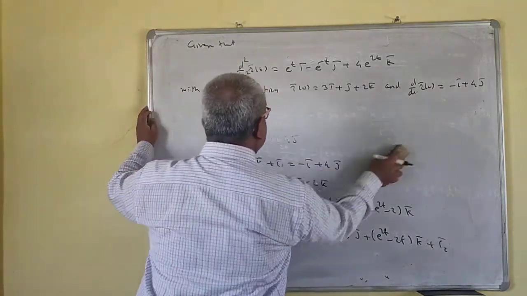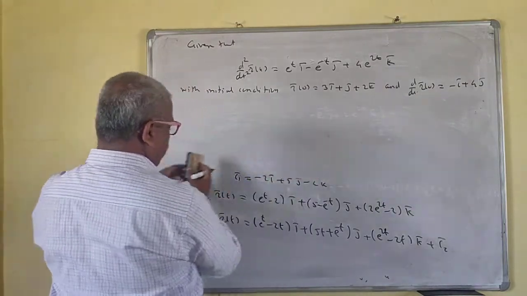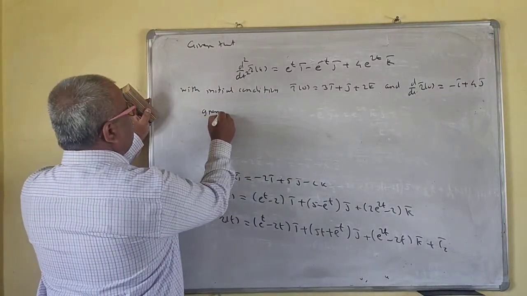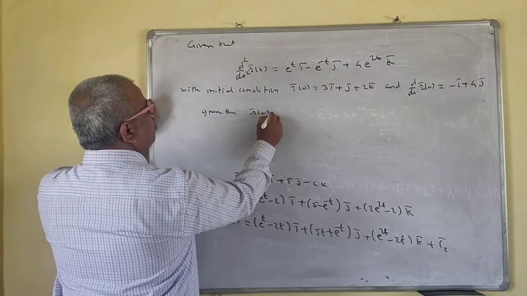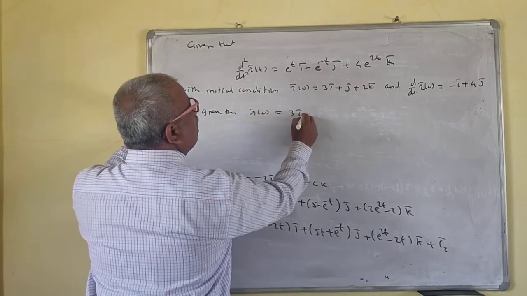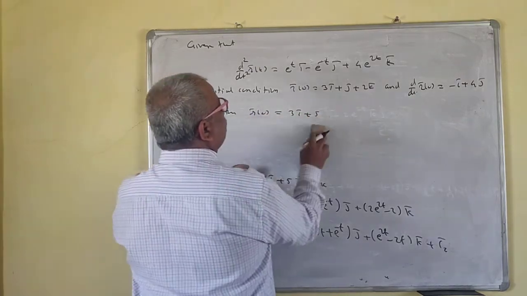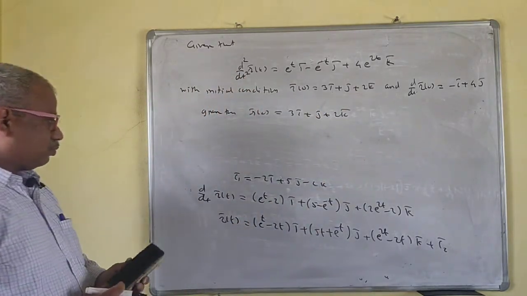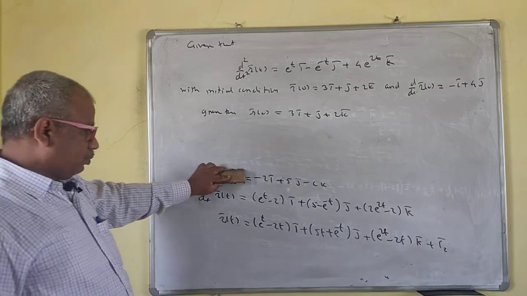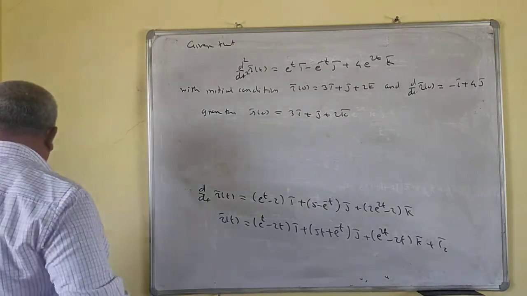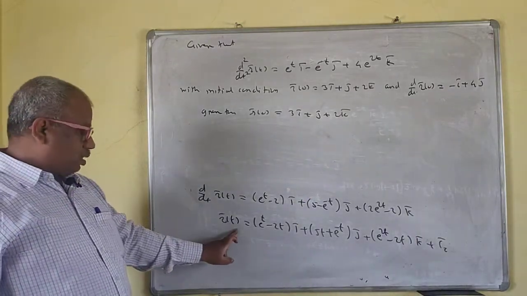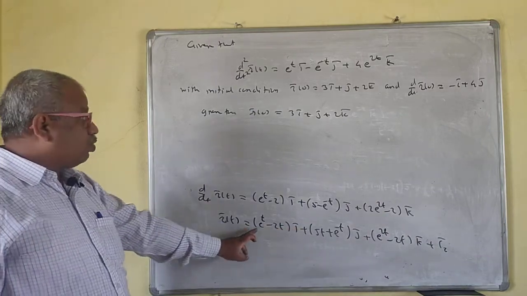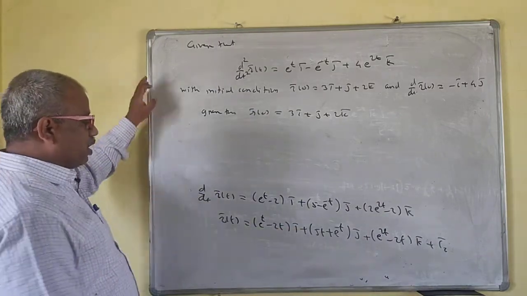Given that r bar of 0 is equal to 3 i bar plus j bar plus 2 k bar. Now we'll put t equal to 0 here. So what happens then?